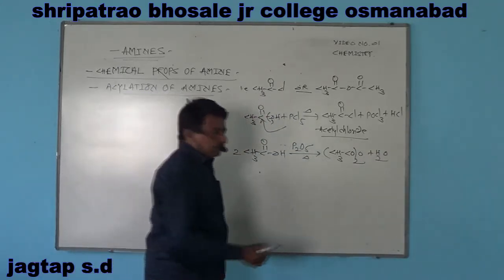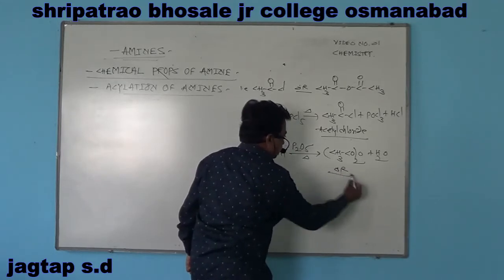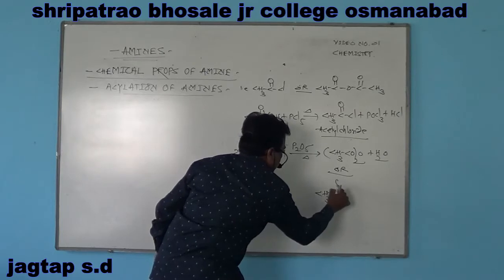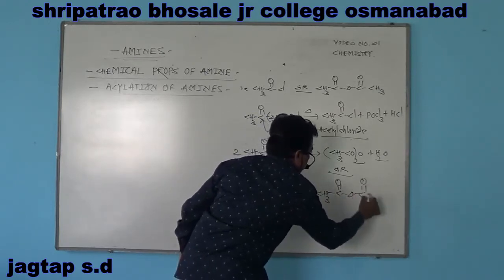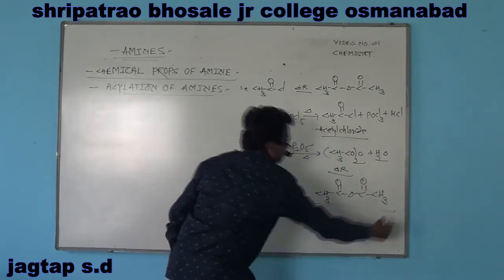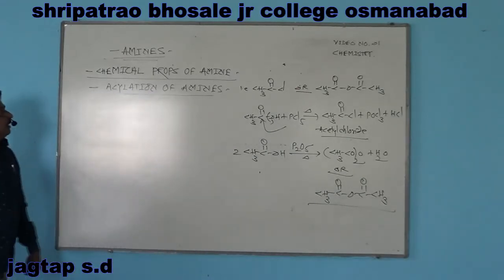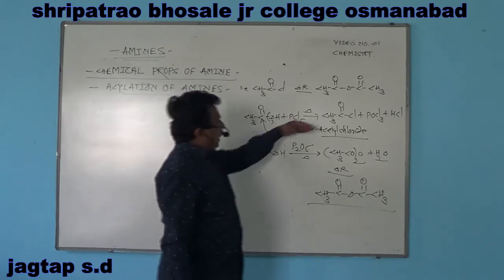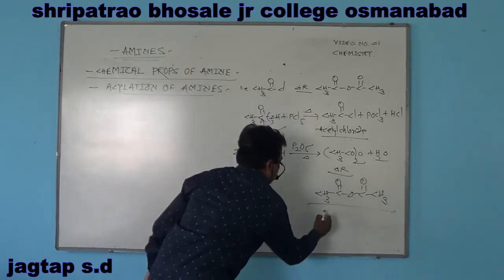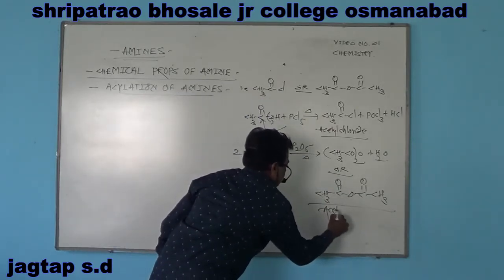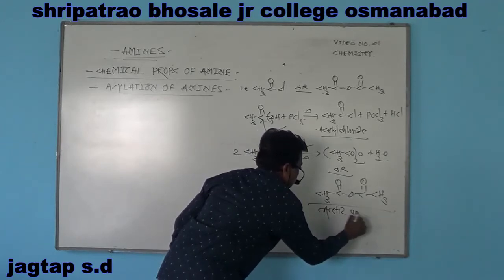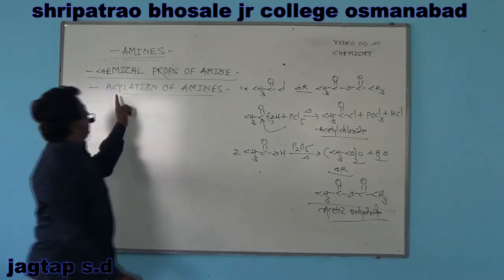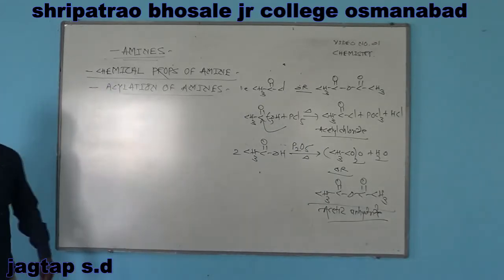It is generally represented as CH3COOCOCH3. That is, in acetylation of amine, acetyl chloride as well as acetic anhydride are used as acetylating reagents.